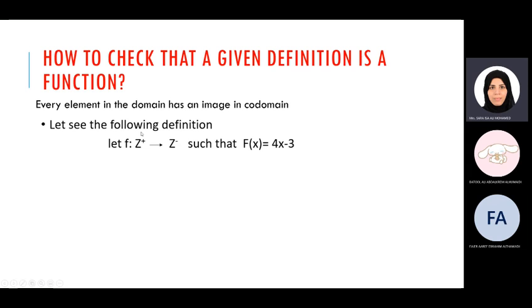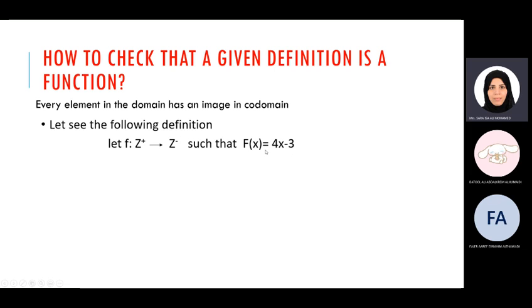Sorry, this is the domain, Z plus, and the codomain is Z minus. It always starts from the domain toward the codomain. So here the domain in our case is Z plus, and the codomain is Z minus.